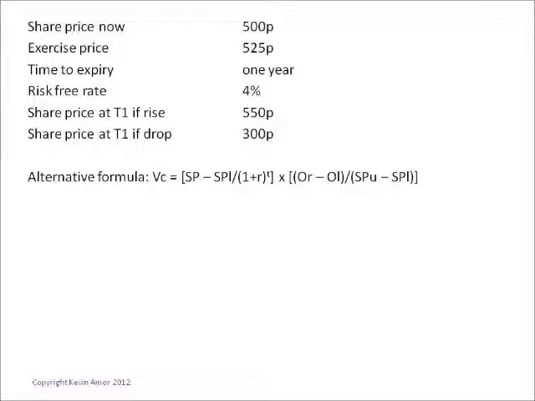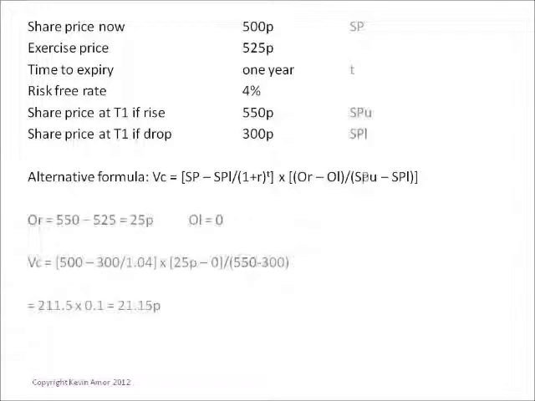We've got OR is 25 pence, OL is still 0. So the value of the option is 500 minus 300, the 300 having been discounted by 1.04, multiplied by 25 pence minus nothing, divided by 550 minus 300, which brings us back to 21.15.